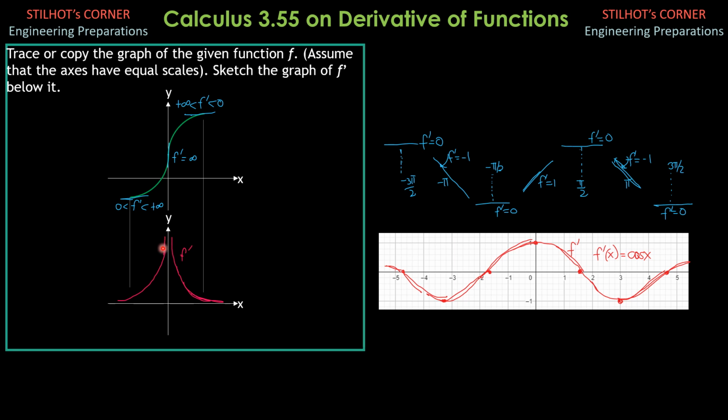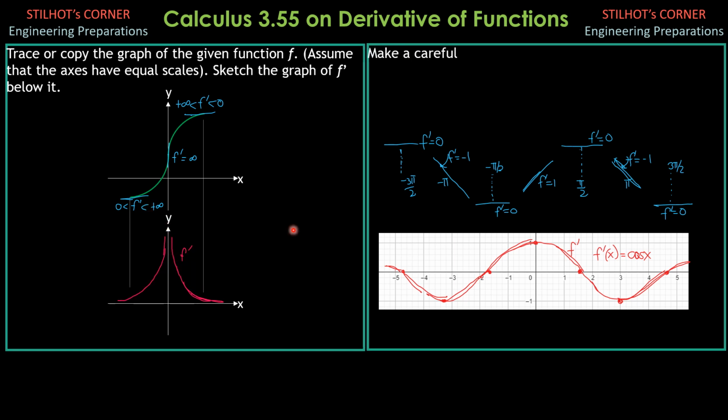So the graph of f prime therefore is this. I hope that you understood that explanation, and you grasp the meaning of the slope of tangents in the original graph, then ordinates in the graph of f prime.